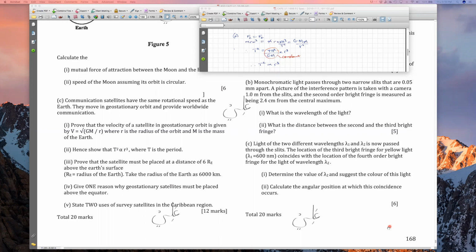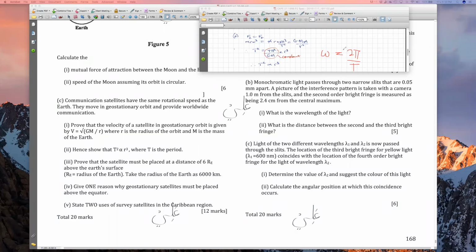Again, I will write that to give us a visual reference. Omega is equal to 2 pi over T, right?